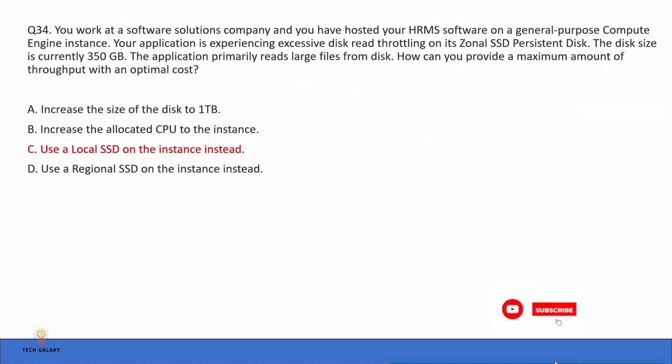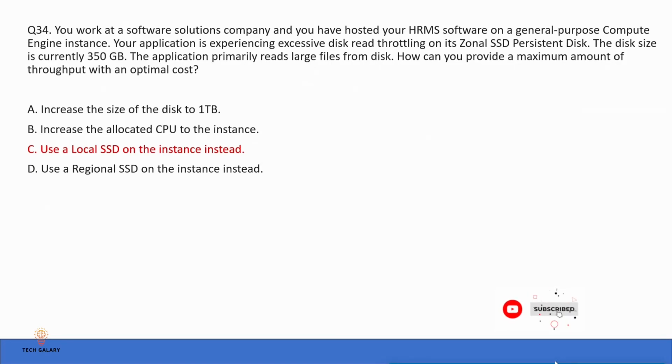Option A, increase the size of the disk to 1 TB. This option is not correct because increasing the disk size will improve the performance, but it will also increase the overall cost. So this is not the recommended way. Increasing the size of the disk may provide more storage space, but it will not address the performance issue. So this option is not correct. Now let's take a look at option B, increase the allocated CPU to the instance.